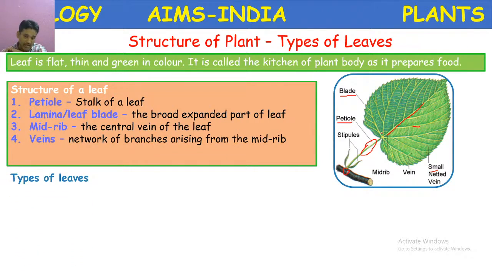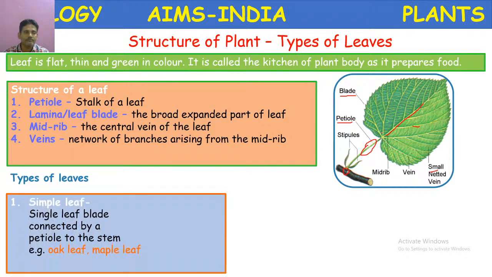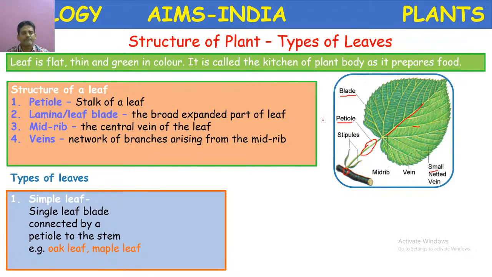So let us see the types of leaves. There are two main types of leaves: simple leaves and compound leaves. Now the leaf which I have shown is a simple leaf. Simple leaf means the leaf with the leaf blade connected by petiole to the stem. This is a simple leaf.